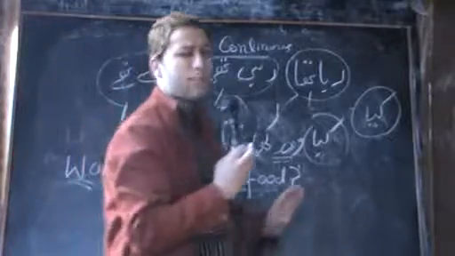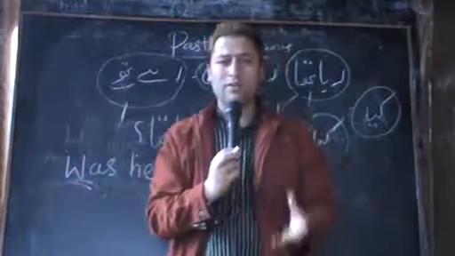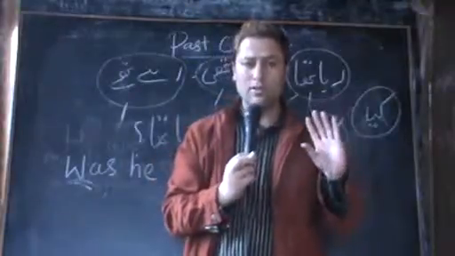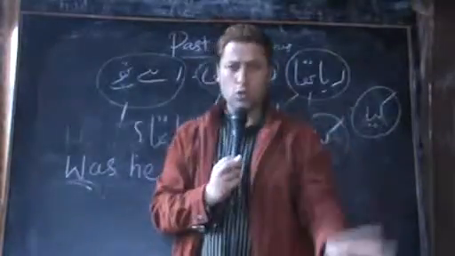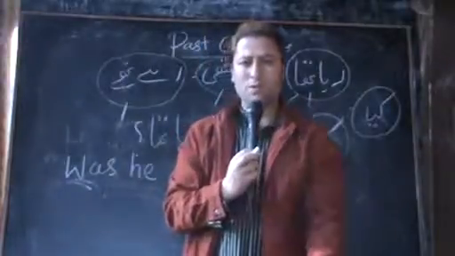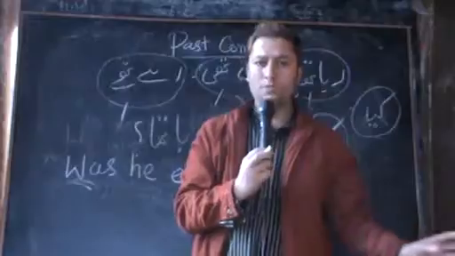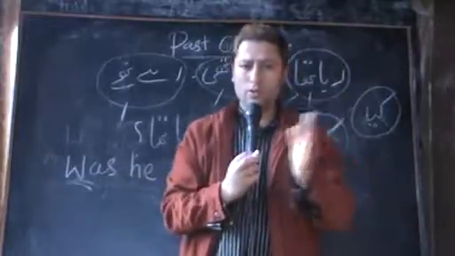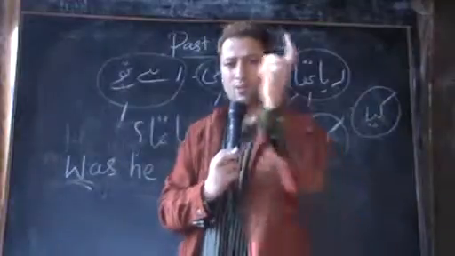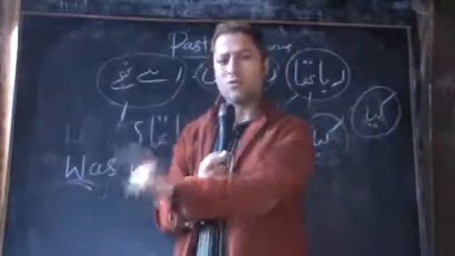So today our lesson was about raha tha, rahi thi, rahe the. How to translate those signs into English. We saw the formula in English, that was subject first, and then helping verb, and then object. And in case of an interrogative sentence, we have to take the helping verb out and translate that first.